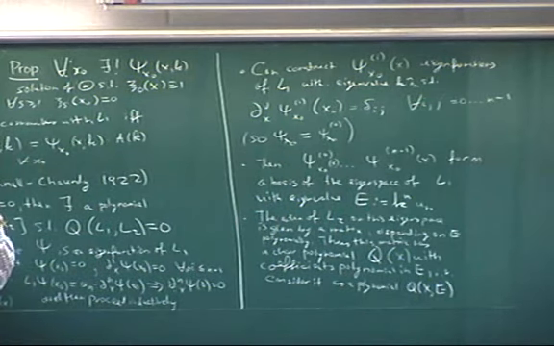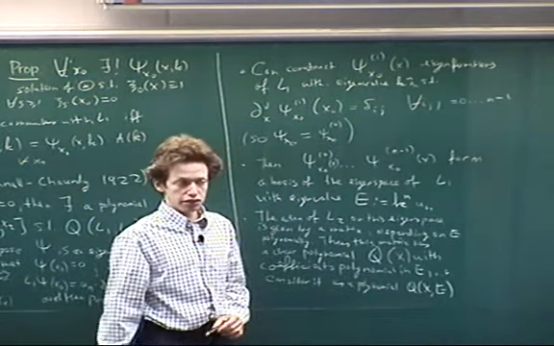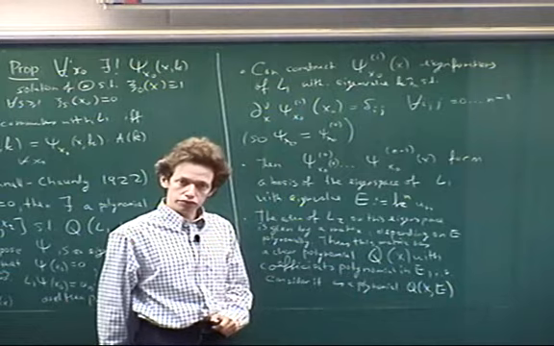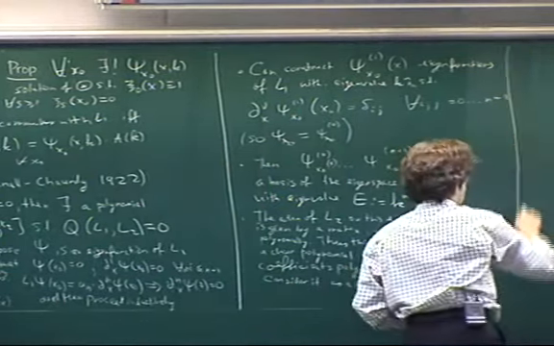So it's a degree n polynomial in x and a polynomial in E. We cannot so easily compute the degree of this polynomial in E. Okay?